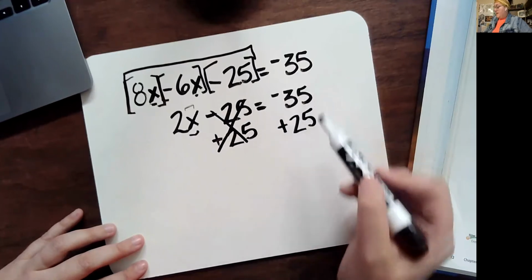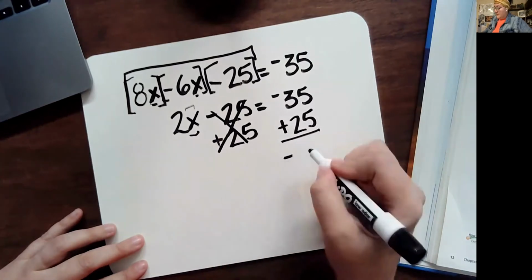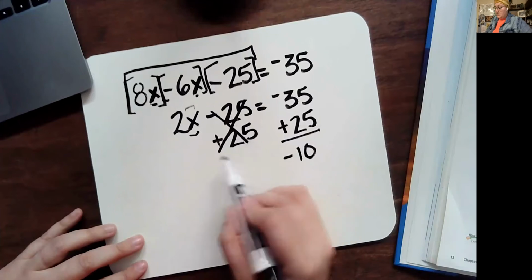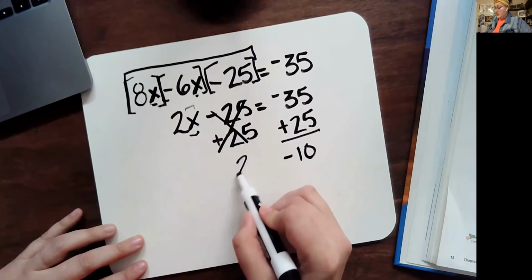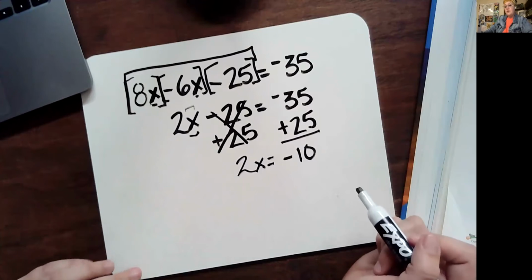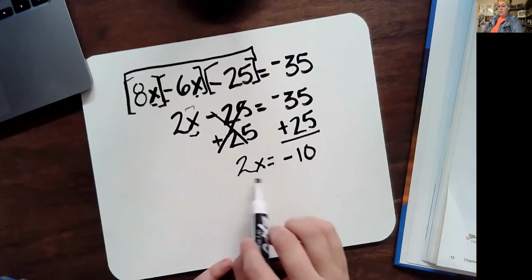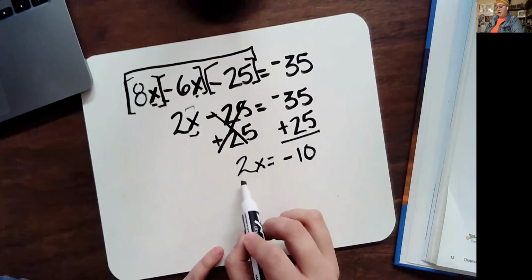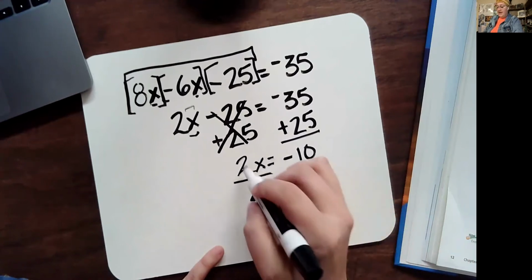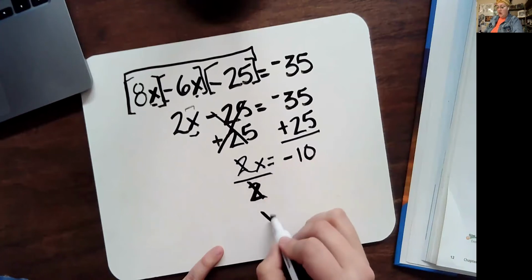Negative 35 plus 25 is negative 10. So we've gotten rid of the 25 over here, and we're still left with our 2x. We've got 2x equals negative 10. Our next step is to do the inverse operation of the multiplication that's happening here, so we're going to divide by 2. That cancels the 2 out on this side, so we can get all the way down to just the x all by itself.